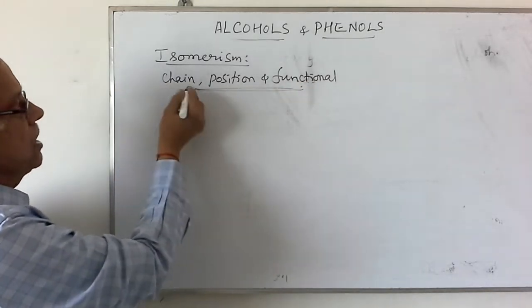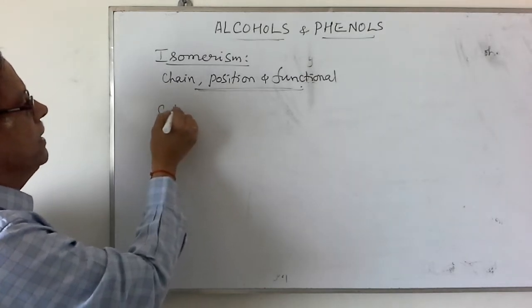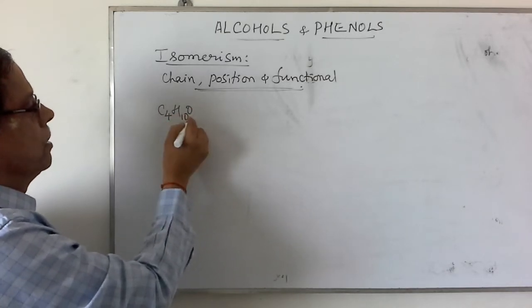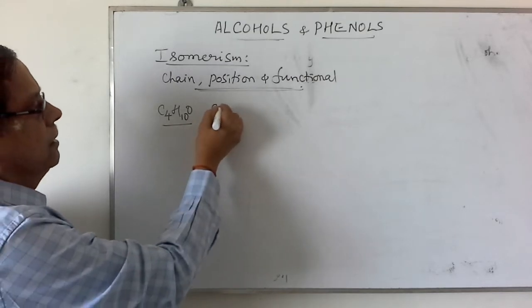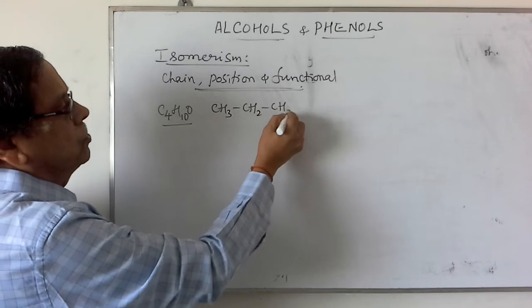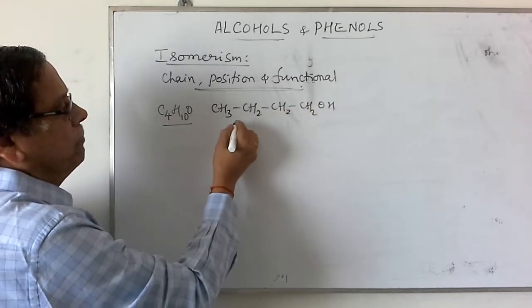So these are called the structural isomers. For example, consider C4H9OH, C4H10O, if this is the molecular formula, then we can write CH3, CH2, CH2, CH2OH. This is called butan-1-ol.